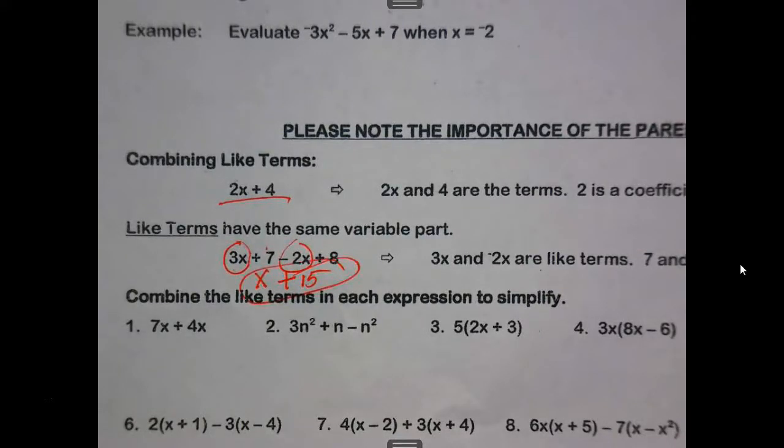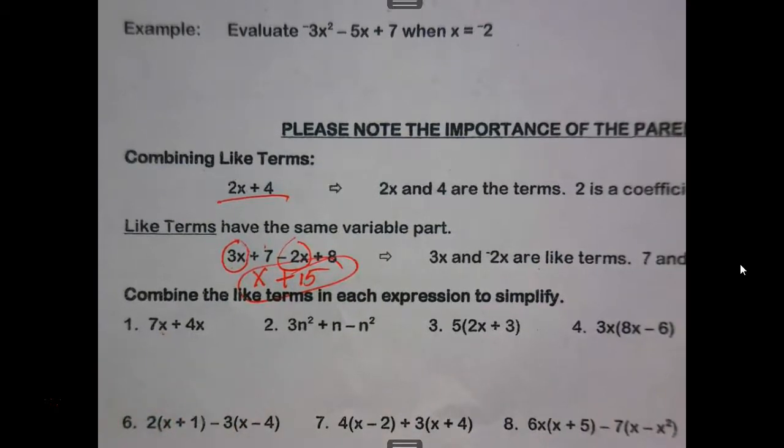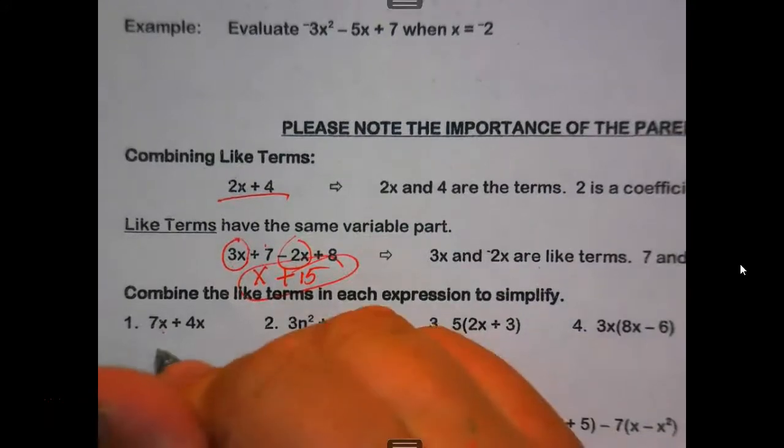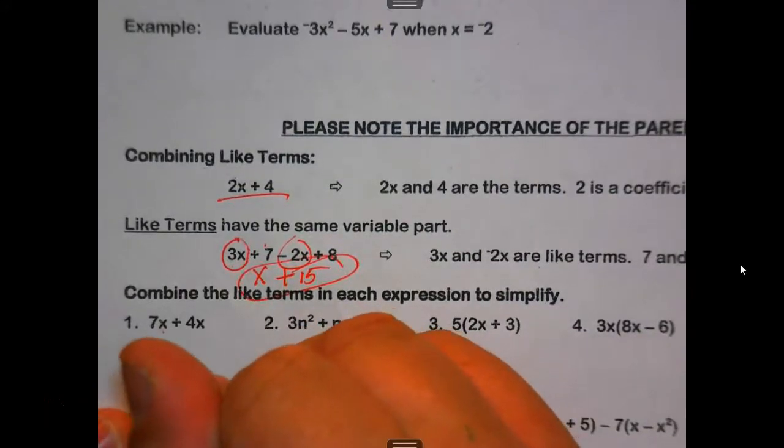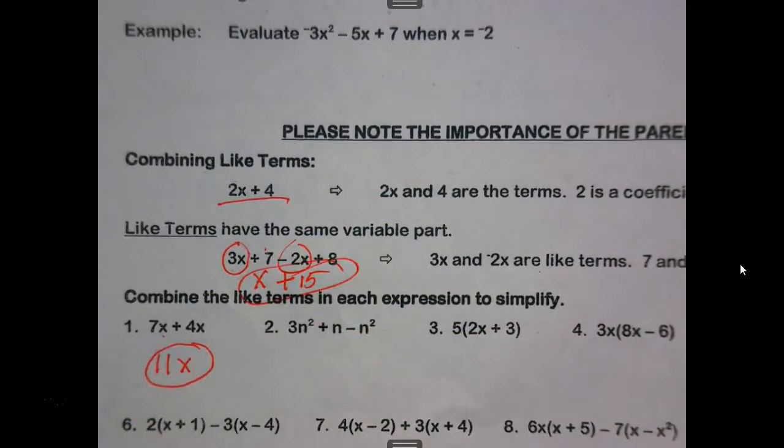And again, in example 1, don't put 3x squared or 11x squared, that's a common mistake. You're not multiplying the x's, you're adding the 7 and the 4, and you're adding x to the first plus x to the first. It should just be 11x only. When you multiply, that's when you add the exponents. We're not adding exponents here.